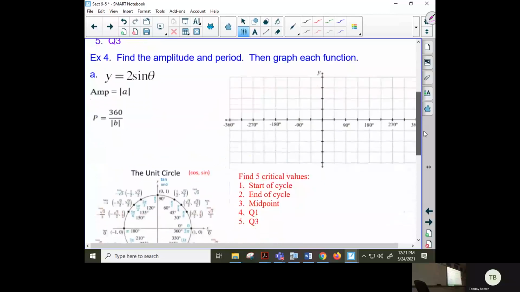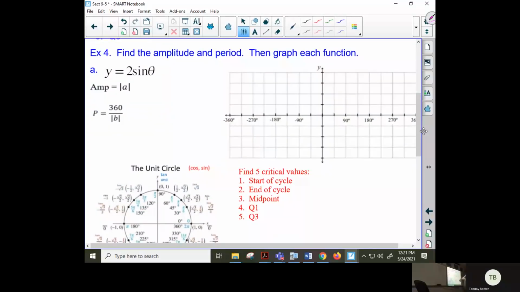Okay, so we are going to try to graph some sine functions that have changed amplitudes and changed periods. Now this one, only one of the things is changed. Which one's changed here? Amplitude, and that's the easiest one. The period, there's nothing in front here, so our period is still 360 degrees. Okay, that does not change.